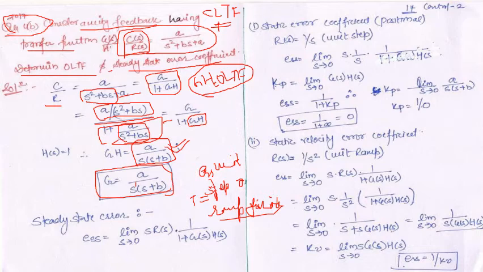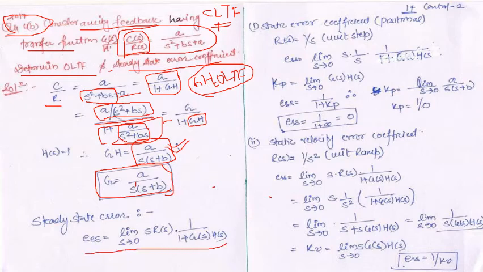I think this is not looking very good. I have written all these comments here also, so don't worry if you are not able to read this content. Now ESS can be written as limit s tends to 0, s into R(s) times 1 upon 1 plus G(s)H(s). Okay, please guys, if you don't remember all these, you can comment in the comment section. I can take a complete lecture on the ESS identification for a system.